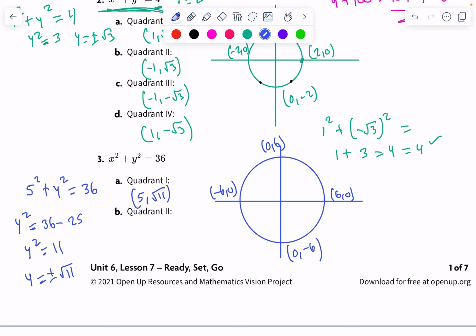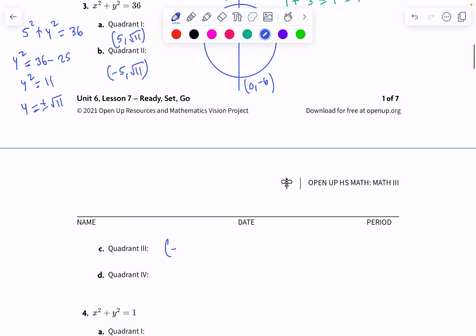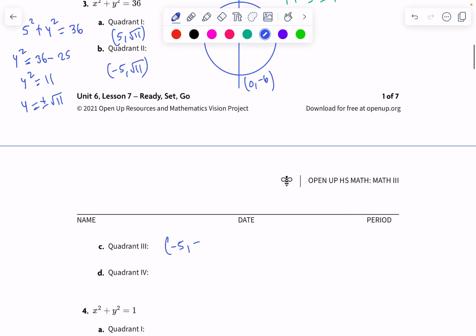Now I'm over here. This would be negative 5, positive square root 11. For quadrant 3, I'm now at negative 5, negative square root 11. And then quadrant 4, I'm at positive 5, negative square root 11.